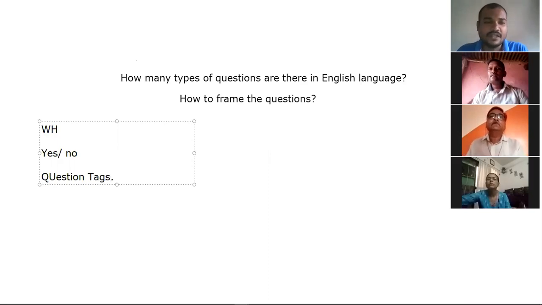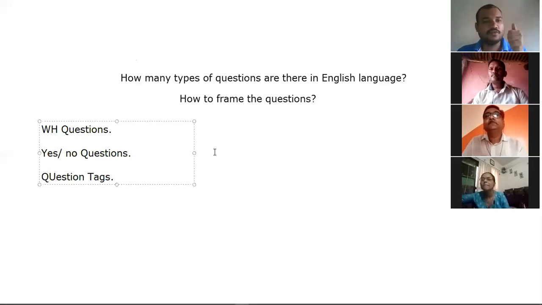Question tags. Have you heard all these things before? WH questions, yes or no questions, and question tags. These are the three types of questions.